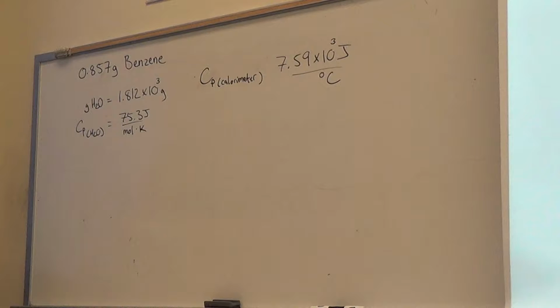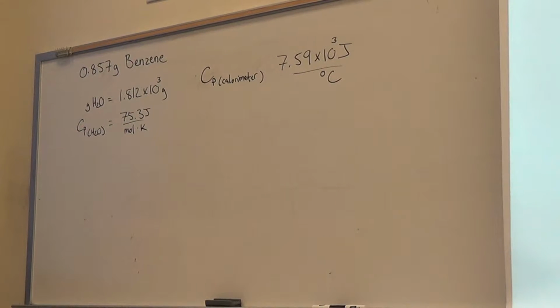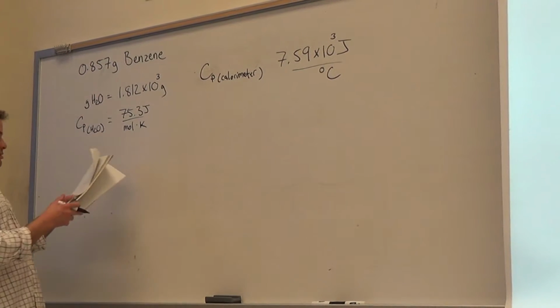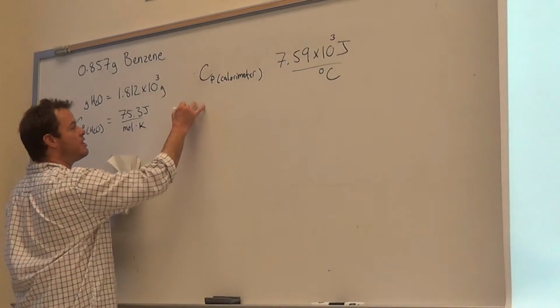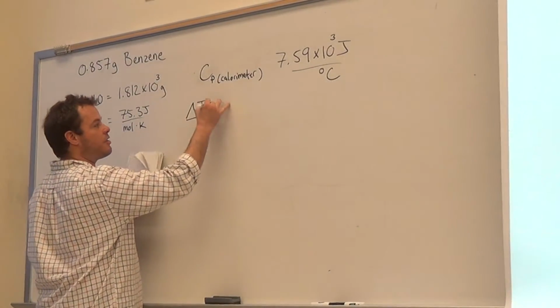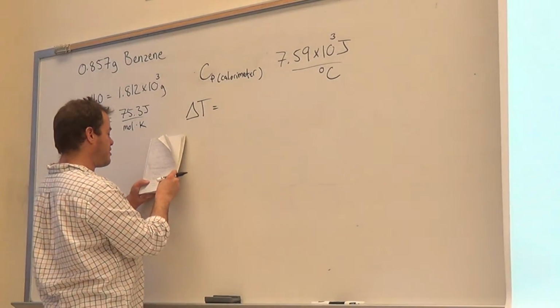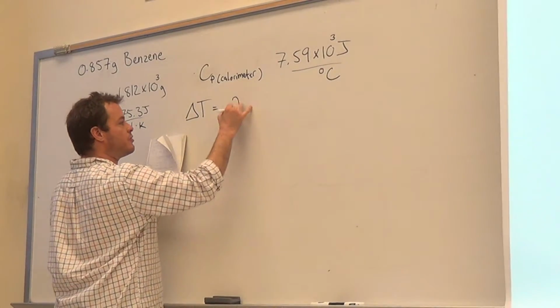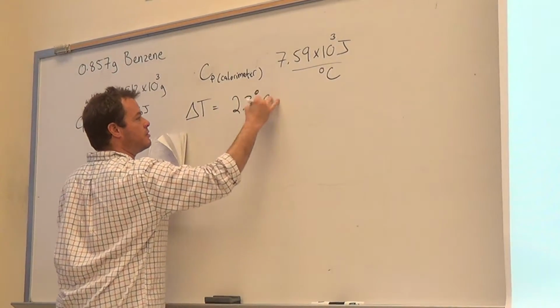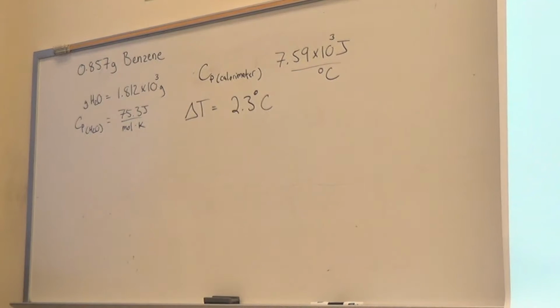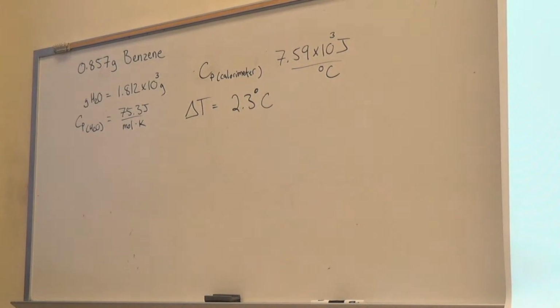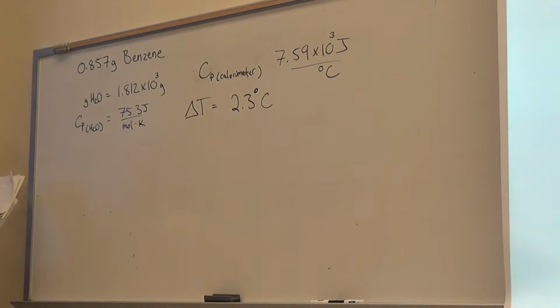We throw this benzene in, combust it to completion, and we see that there's a delta T of this entire thing that is equal to 2.3 degrees Celsius. Our job is to figure out how much energy was dumped into or was released by this combustion of the benzene.